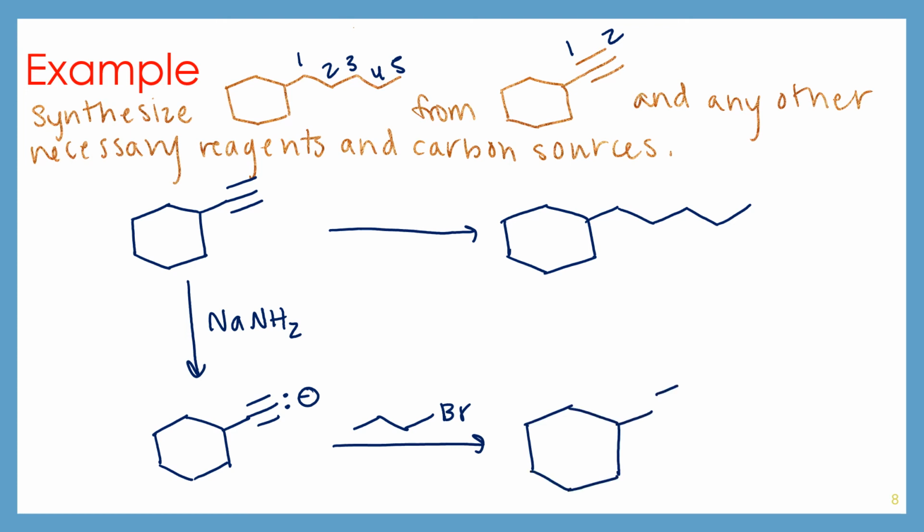This gives us an alkyne with a slightly longer chain coming off of it. Now we just have to figure out how to reduce the alkyne to the alkane, and we could do this with an excess of hydrogen gas and pretty much picking our favorite transition metal. So maybe let's go with palladium. And if you really want to help it out, adding heat can help make that go faster.